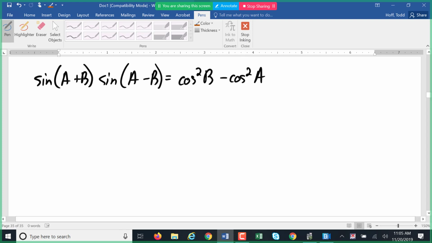So you see here, everything's already in terms of sines and cosines, so there's really nothing to do there. But let's just replace these sums or differences with their definitions.